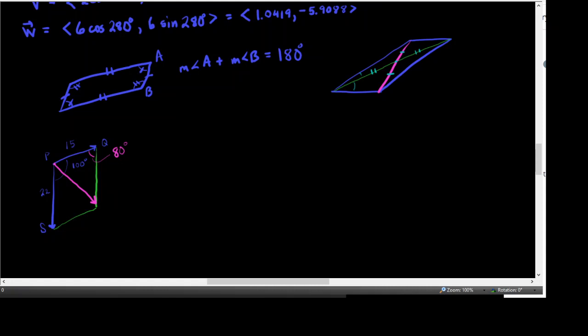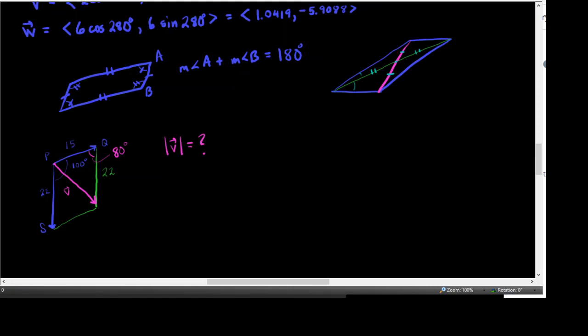And because of the properties of parallelograms, I could also say that this side has length 22 as well. And of course, the question is, what is the magnitude of this vector here? Let's call that vector V. And our question is, what is its magnitude?